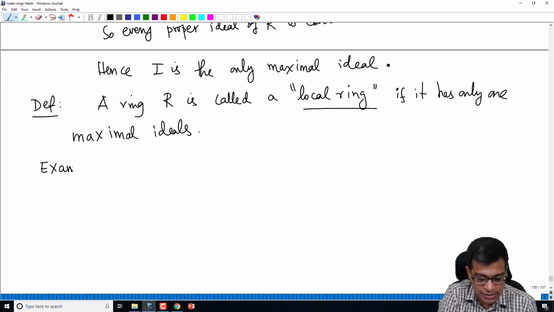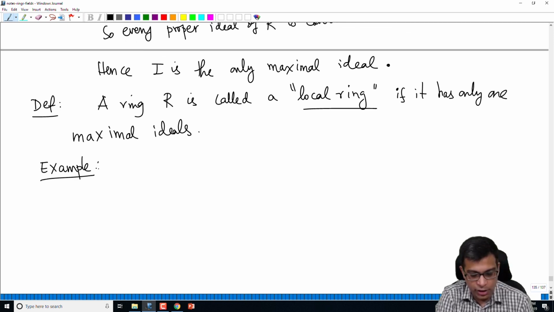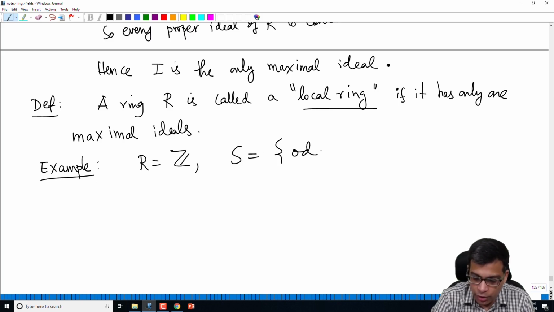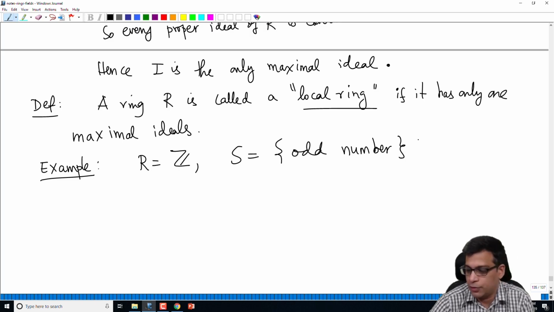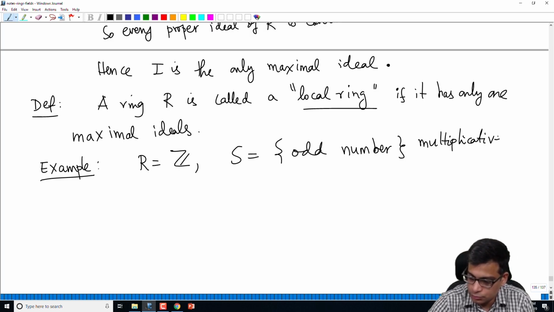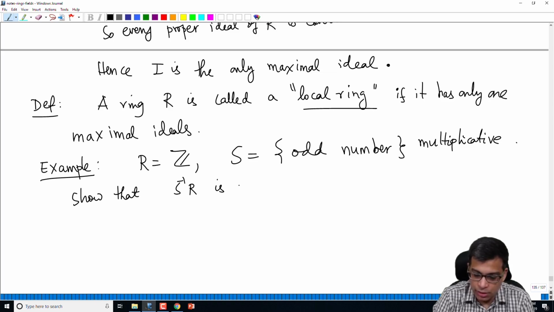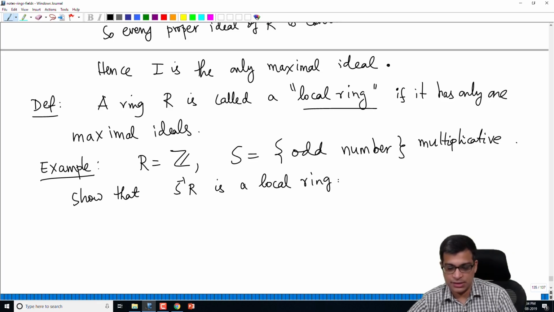What are examples of this? This is part of the exercise, and I will leave many details to you. Let's take R to be Z and S to be the set of odd numbers. At the beginning of this video, we showed that this is multiplicative. Show that S inverse R is a local ring using the previous exercise.